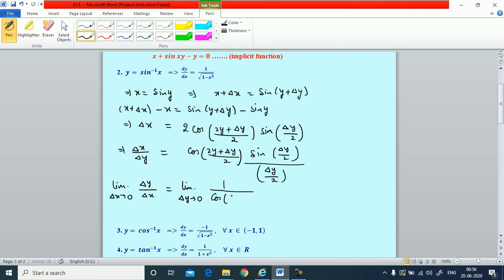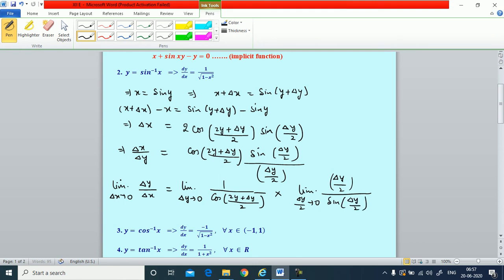So we get limit delta y tending to 0, 1 over cos of (2y plus delta y) over 2, into limit delta y over 2 tending to 0, because if delta y is approaching 0, obviously delta y over 2 will also approach 0. So this is what we are getting.